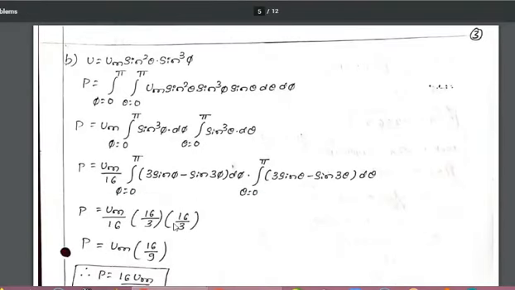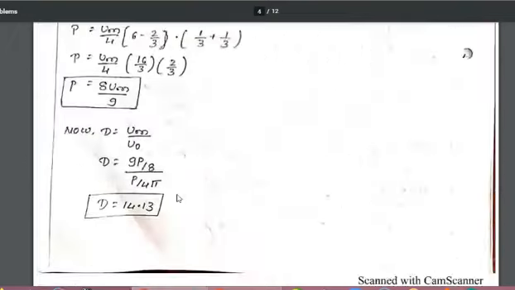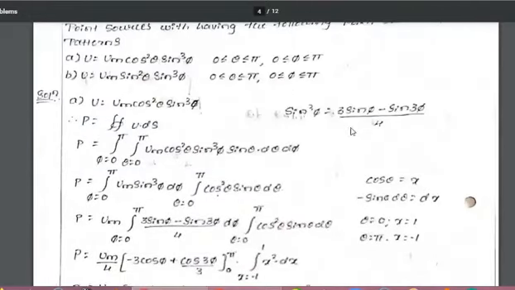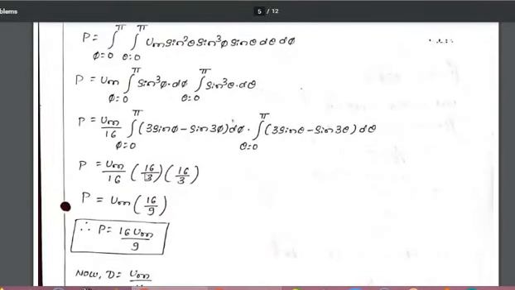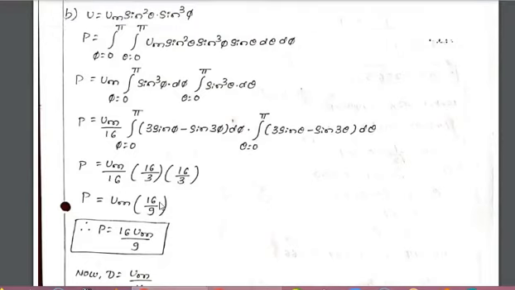That is why we have written 16 by 3, 16 by 3 into U divided by 16. This 16 comes from the denominator term 4 in the equation: sin cube phi is equal to 3 sin phi minus sin 3 phi, divided by 4. Here 4 into 4 gives 16. So U divided by 16 into 16 by 3 into 16 by 3 gives U divided by 16 into 16 divided by 9.